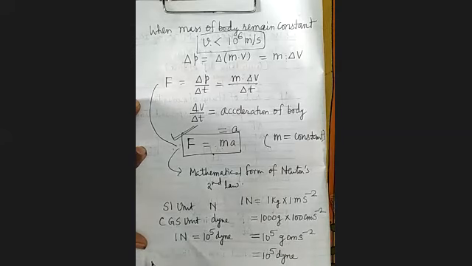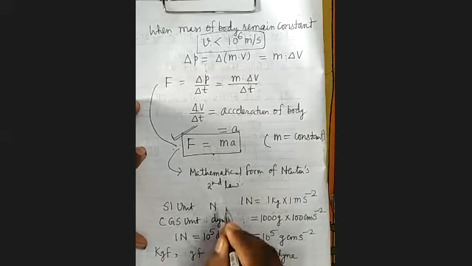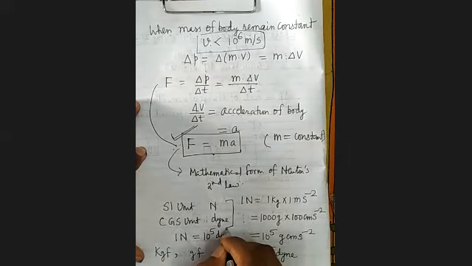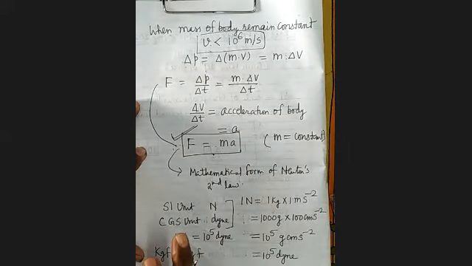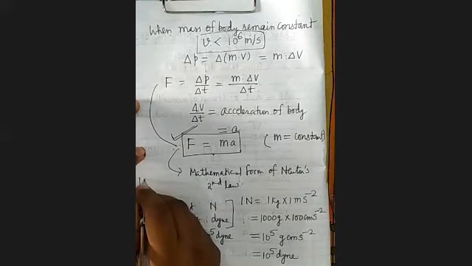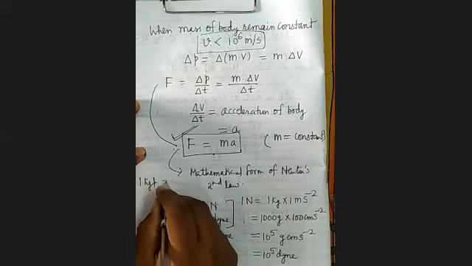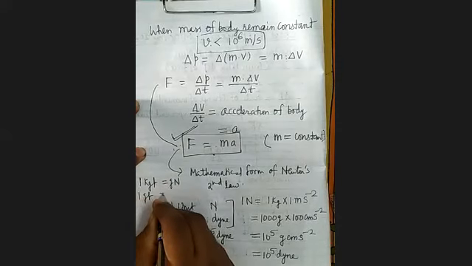Then there are some gravitational units of force: kilogram force and gram force. These are not the absolute units. One day I told you the difference between absolute units and gravitational units. 1 kilogram force equals g Newton and 1 gram force equals g dyne.